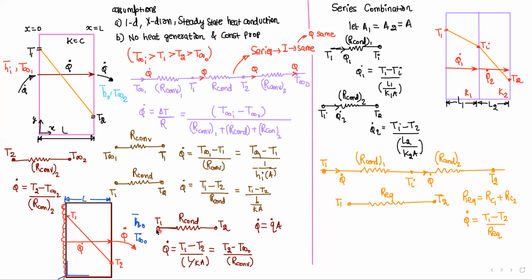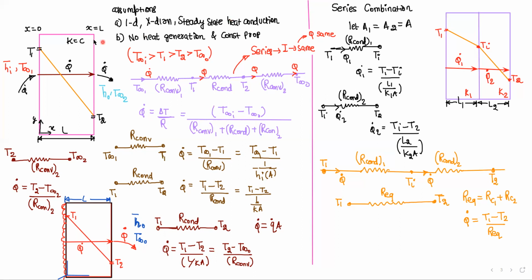So this circuit diagram can be represented as T1, resistance is R conduction only up to this wall, up to temperature T2. So we can write Q dot is equal to T1 minus T2 by L by Ka. L is the length of the slab. And this will be equal to T2 minus T infinity 2 by R convection. Very simple.